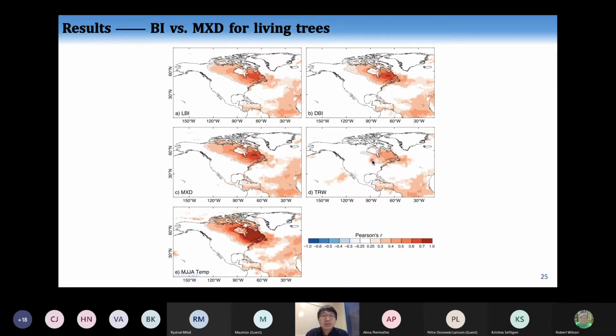This suggests that the density-related parameters of living black spruce trees are very robust. So from the above analysis, we should know that delta blue intensity and latewood blue intensity are very robust proxies for reconstructing summer temperatures, and delta blue intensity shows slightly better performance than latewood blue intensity.